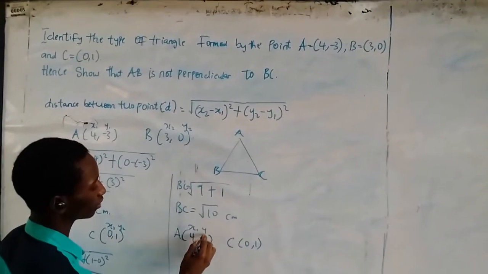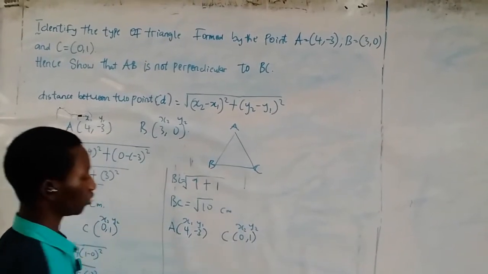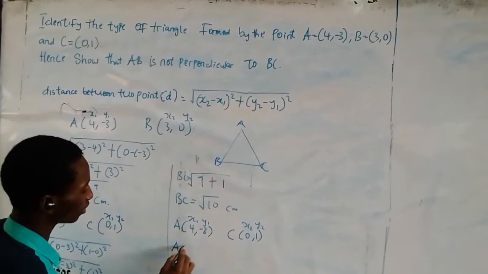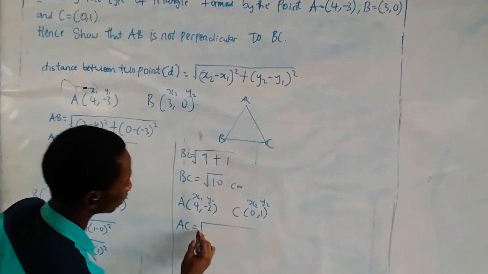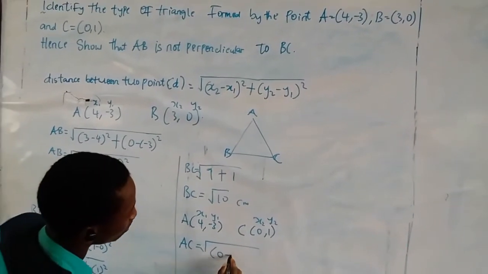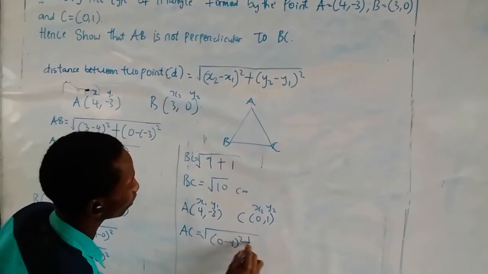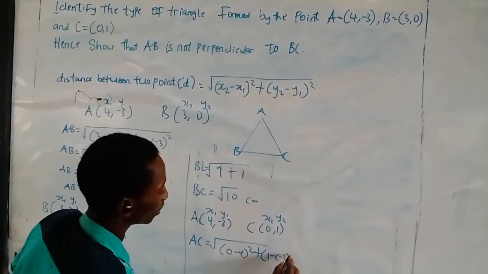This is our x1, y1, x2, y2. So the distance between the two points is given by the square root of (x2 minus x1) squared plus (y2 minus y1) squared.